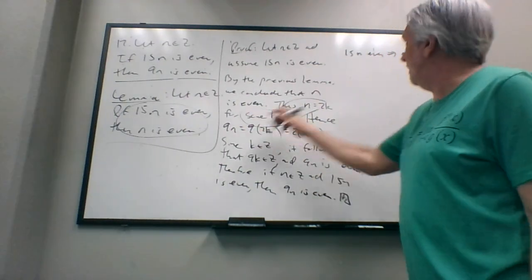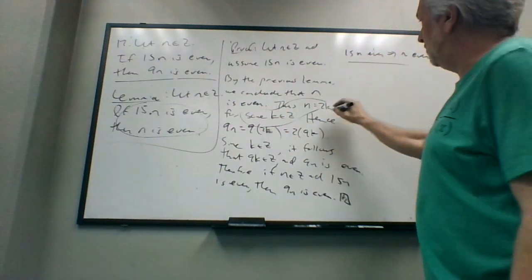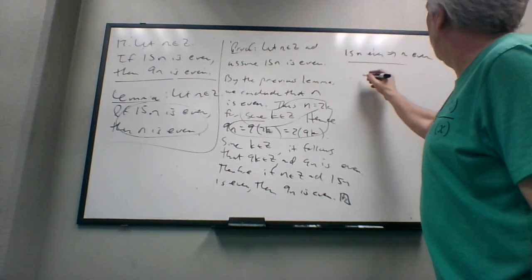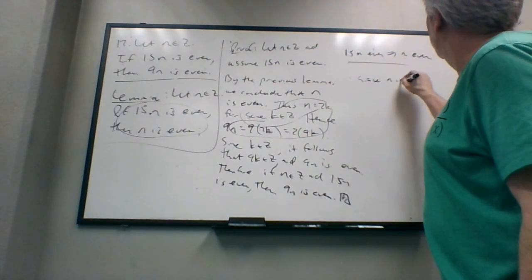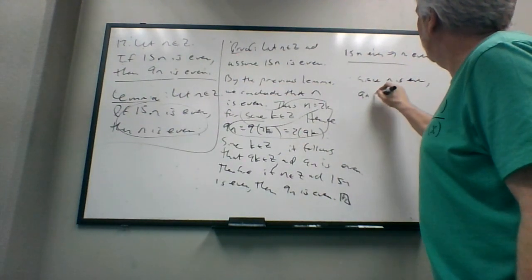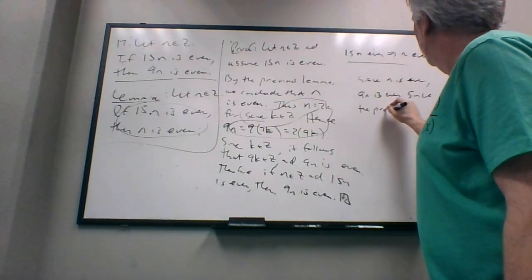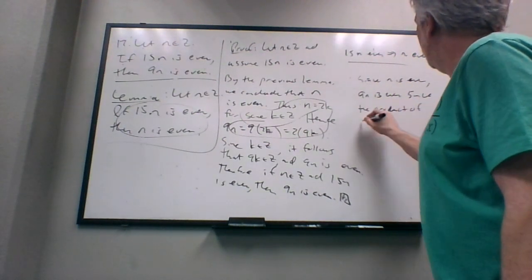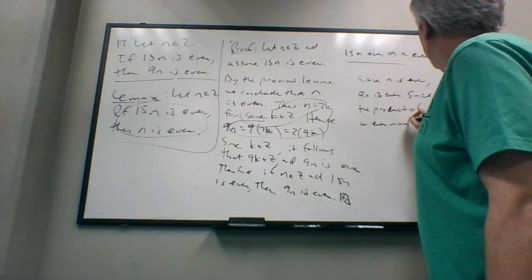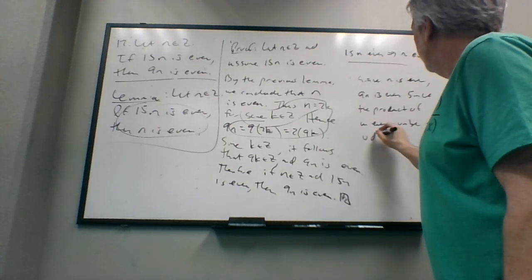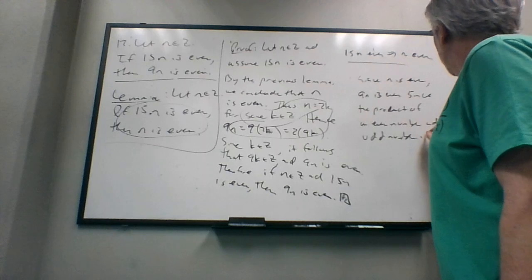Now here's what students will do. They'll say, oh, instead of doing this right here, since n is even, 9n is even, since the product of an even number and an odd number is even.